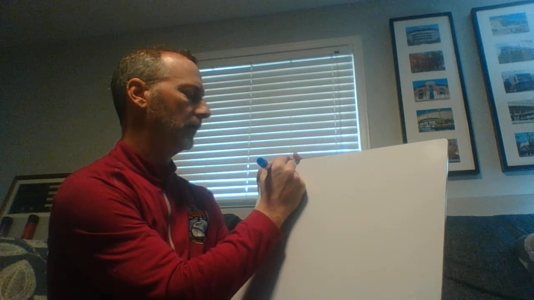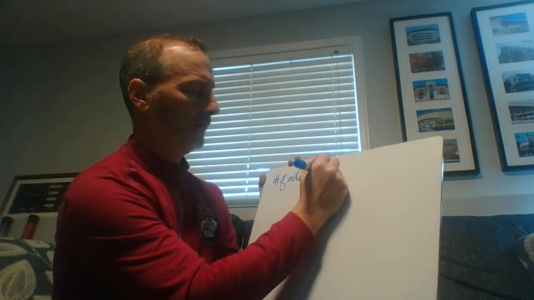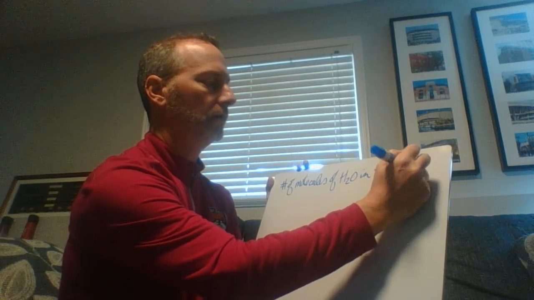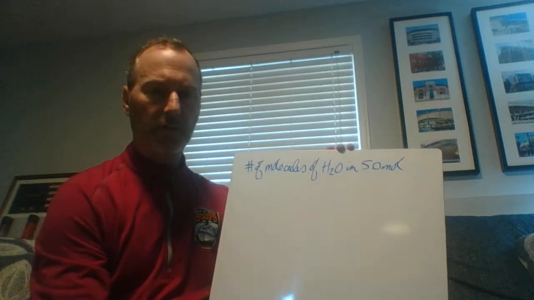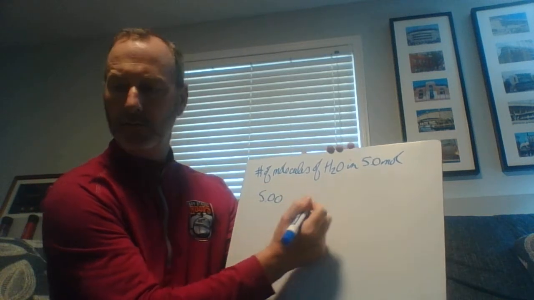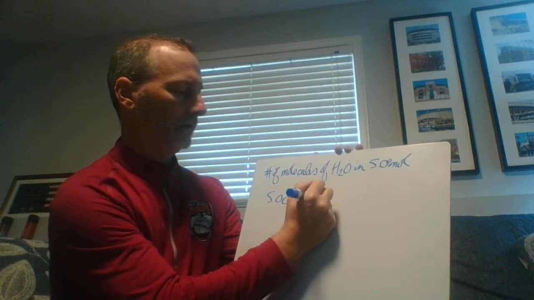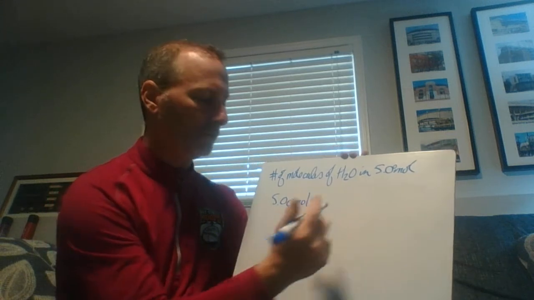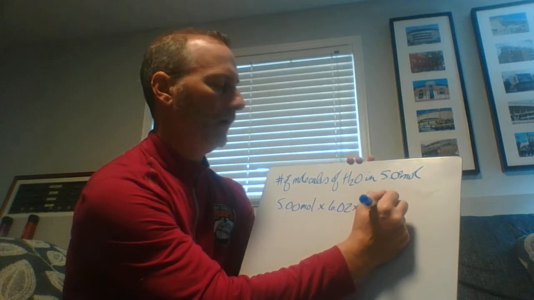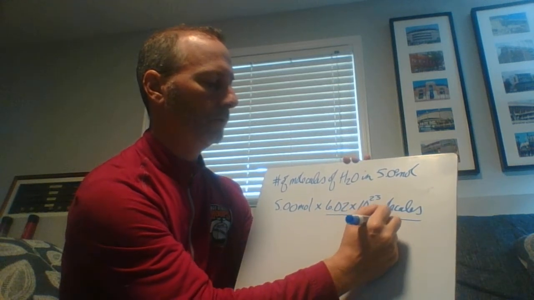if we want the number of molecules of H2O in 5 moles, then we know that we've got 5.00 moles times, in each mole there are 6.02 times 10 to the 23rd molecules, per 1 mole.